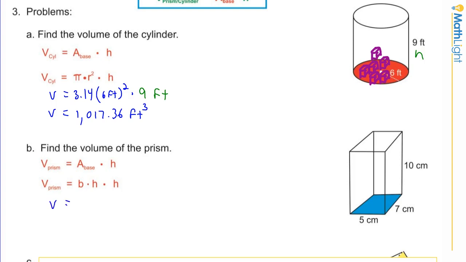All right, so volume. What is the base? 5 centimeters. What is the height of the base? See how there are two heights? So remember, this is area of the base. So this is base times height. And then this height is the height of the whole prism. So times 10 centimeters. So what have I found in my teaching?